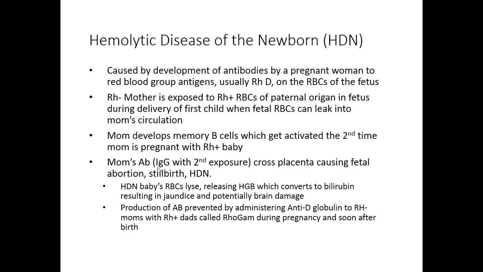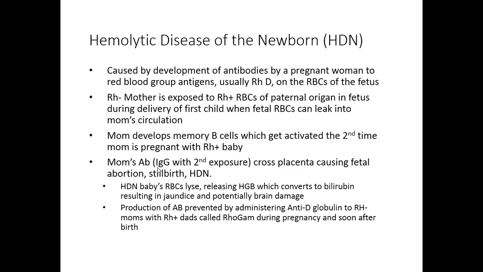There can be minor passage of red blood cells. Without intervention, the mother develops memory and says, oh, I remember that red blood cell with that D antigen on it. I didn't know what that was, and I built an antibody response to it, and can live perfectly fine because she doesn't have the antigen. So the fact that she built an anti-Rh doesn't matter. She doesn't have it to begin with.